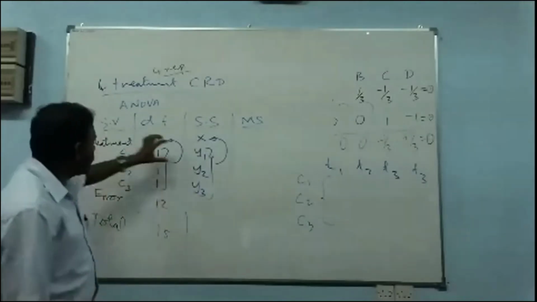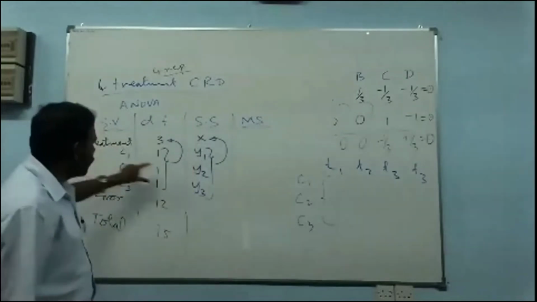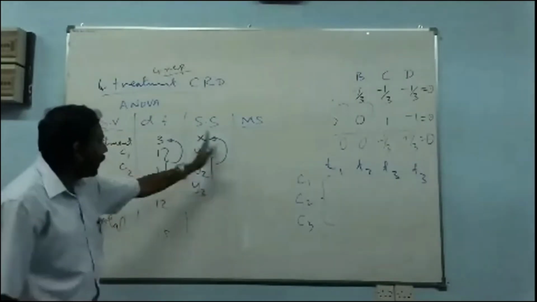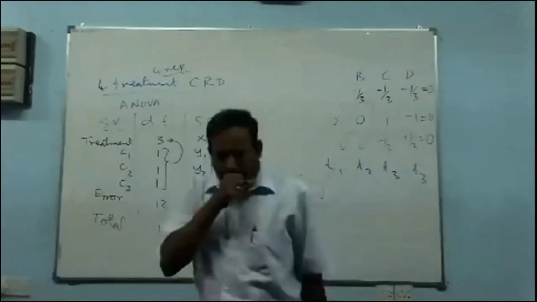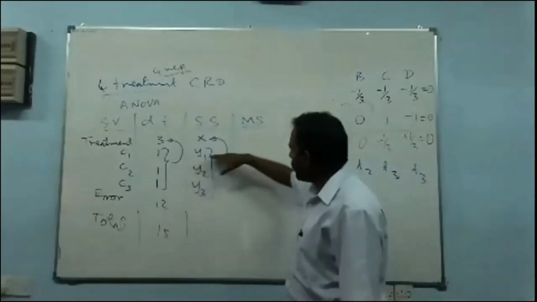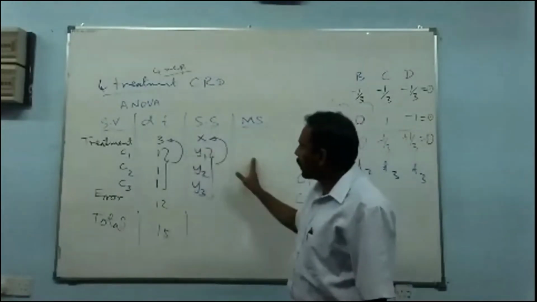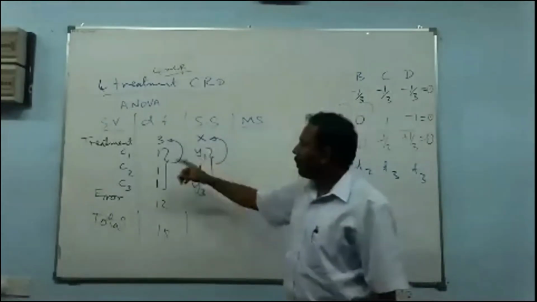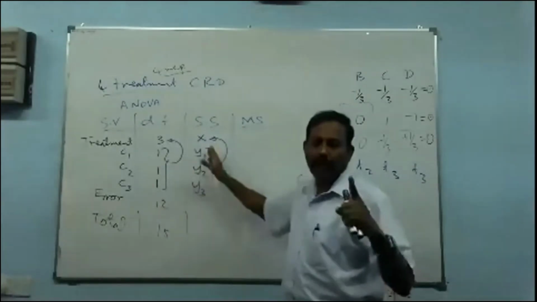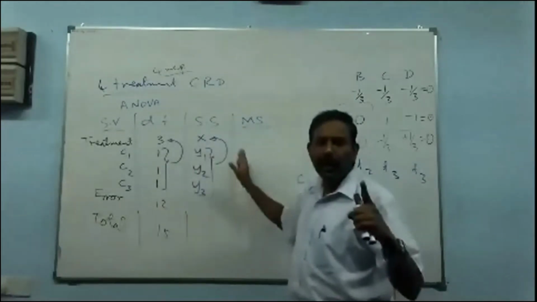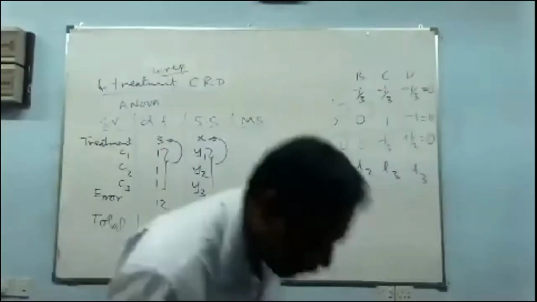So the sums of square of contrast 1, contrast 2, and contrast 3, if you add, that is equal to the treatment sums of square. Similarly, we can talk about mean square of contrast. Mean square of contrast is same as sums of square. Why? Because the degrees of freedom for each contrast is 1. So dividing sums of square by 1 will give the same mean square as the sums of square. No difference at all. Okay.